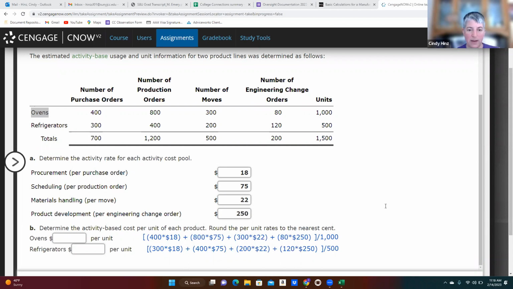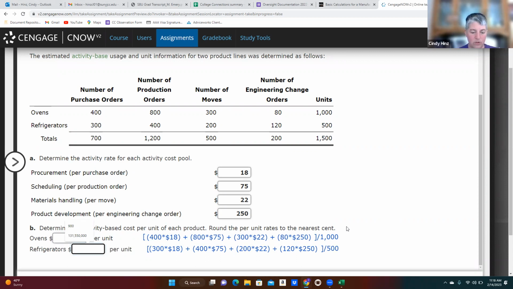And then we have to divide by the number of ovens and refrigerators. So I got $93,800 for ovens. So that's $93.80 per unit, assuming that I punched that into my calculator correctly.